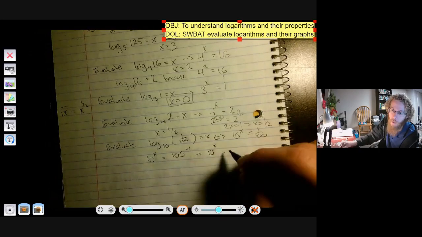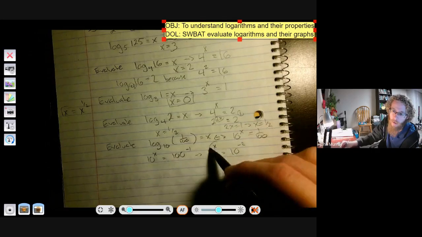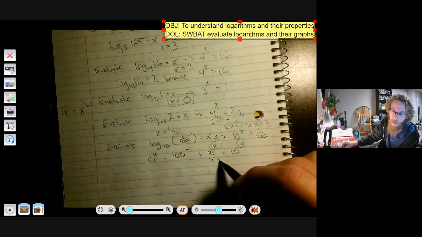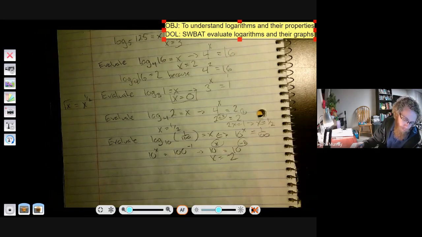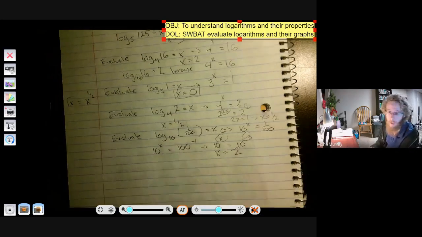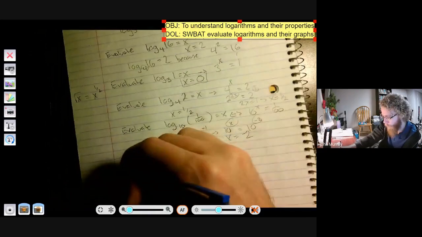Well, then 100 we know is 10 squared. So our answer here would be -2. This actually brings me to something I want to talk about next.